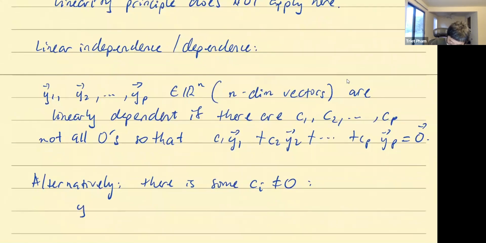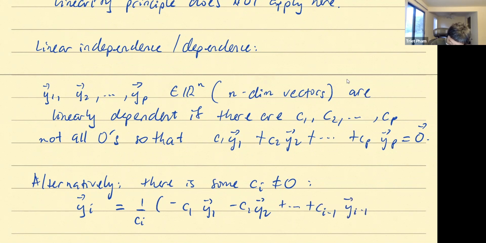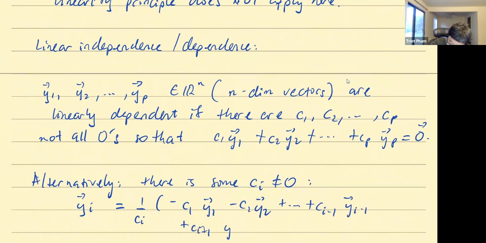So that yi, because of this, is going to be 1 over Ci times minus C1y1 minus C2y2, skipping the i, up to Ci minus 1, yi minus 1, Ci plus 1, yi plus 1, up to Cpyp.